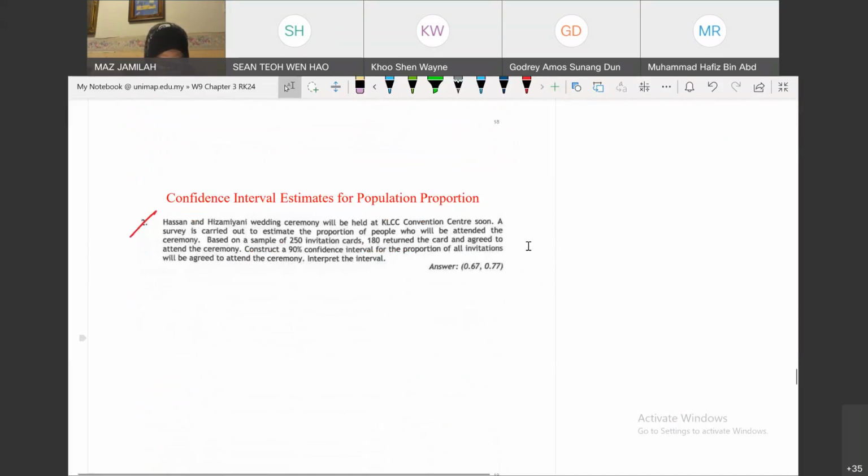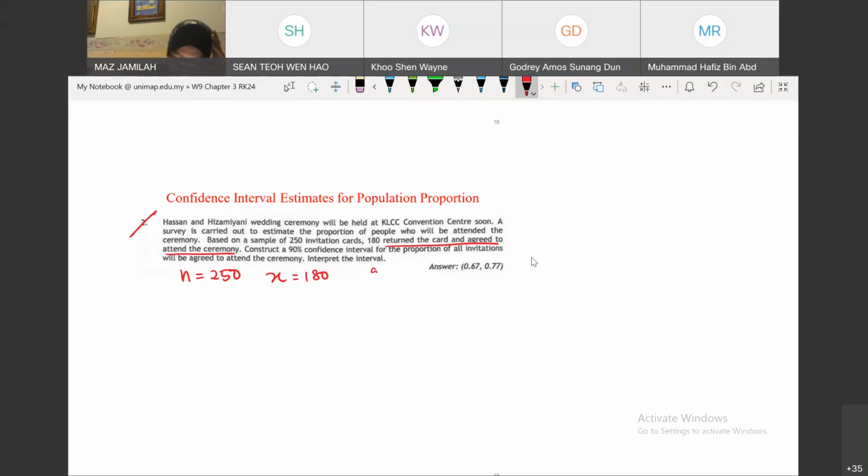A survey is carried out to estimate the proportion of people who will attend the ceremony based on a sample of 250 invitations. So the whole sample is 250. From this 250, your X is equal to 180. Those are the ones who return the card and agree to attend the ceremony.